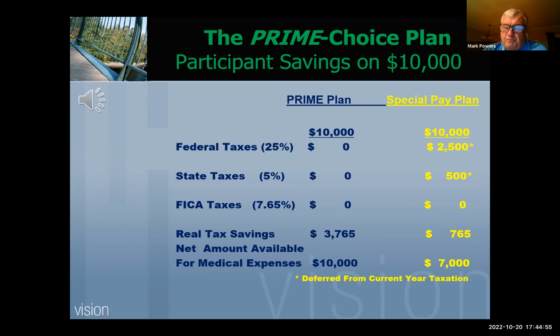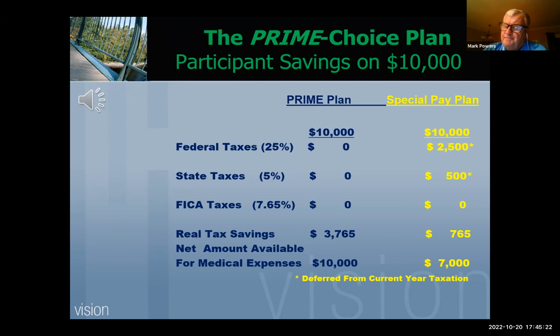As a participant in the Prime plan, they're never going to pay federal taxes on this money. They're never going to pay state taxes on this money. And also they have savings of 7.65%. So the real tax savings increases from $765 to $3,765.